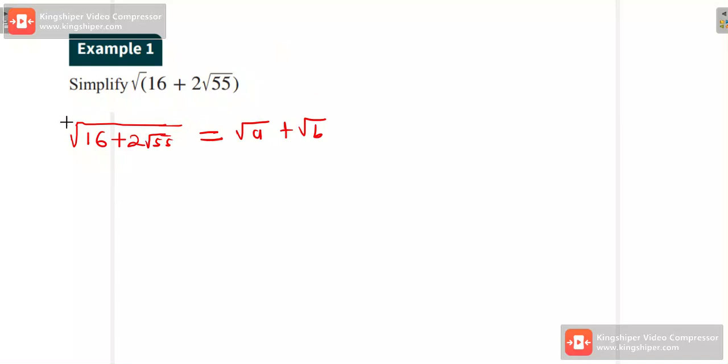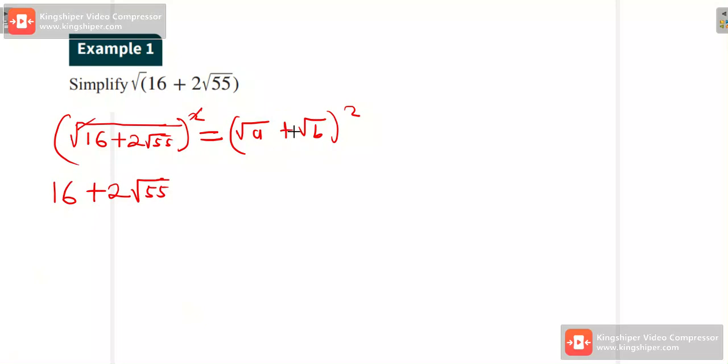Then we can square both sides. When we square both sides, the square will cancel the square root. Then we have 16 plus 2 root of 55. Now we need to also expand this.